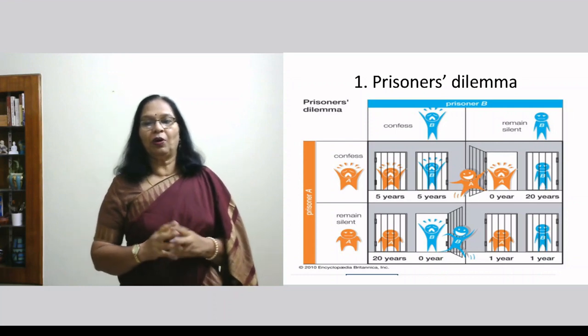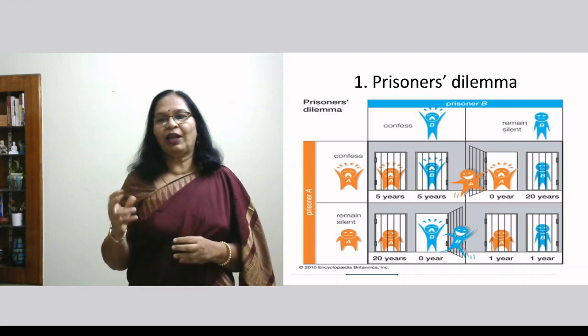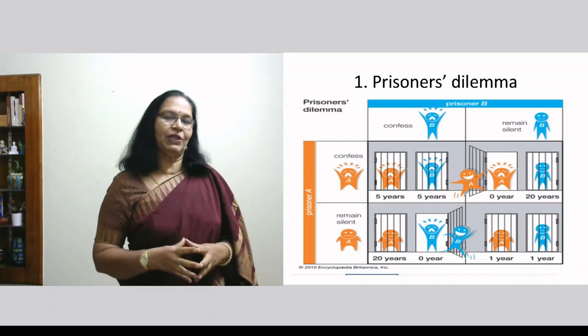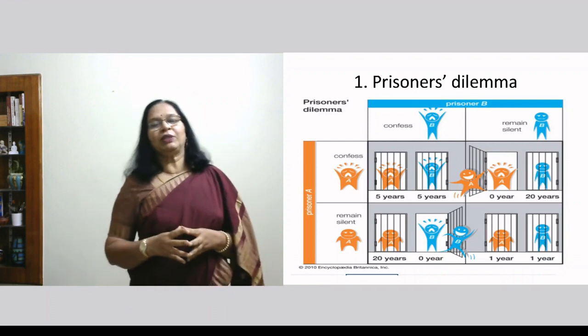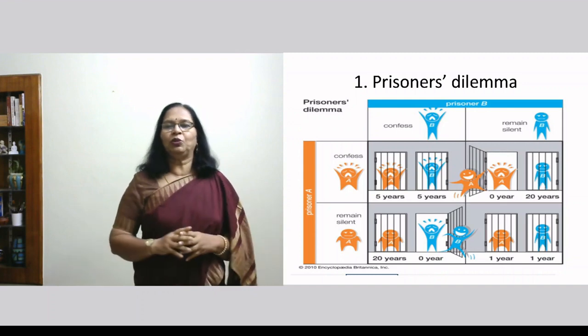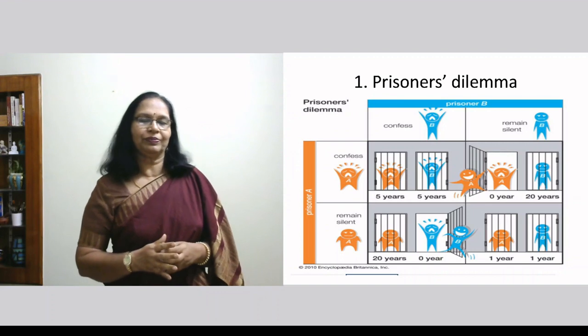On the left you have prisoner A, and on the top you have prisoner B. The police give them options and tell them they can choose whichever option they want, and based on the outcome of that option they will have to spend a certain number of years in jail.